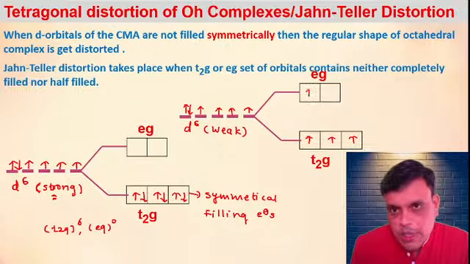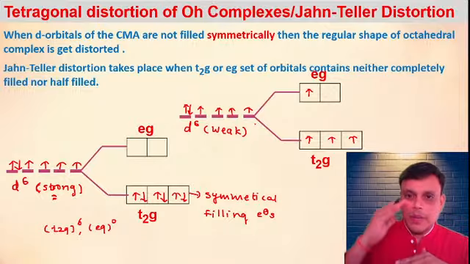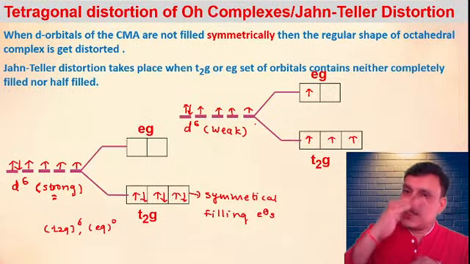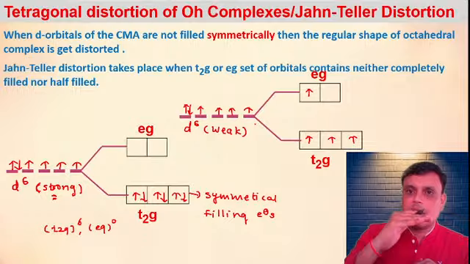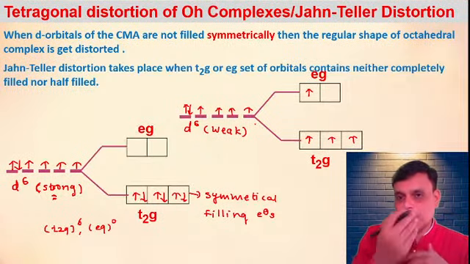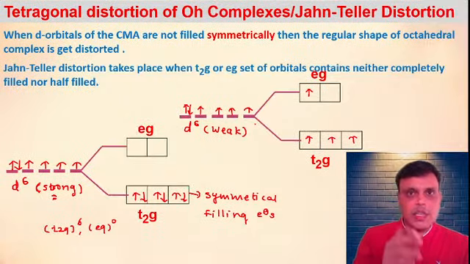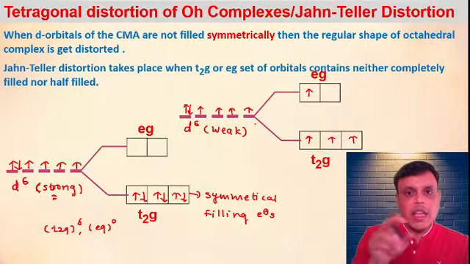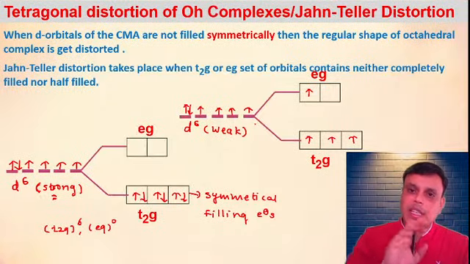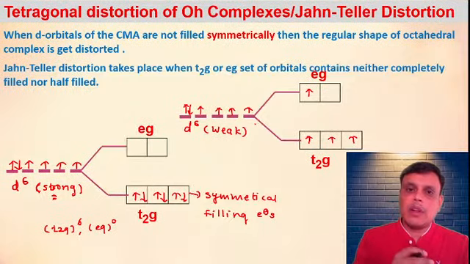The fourth electron will go into the eg orbital because the complex is weak field. Weak field complex means the gap between t2g and eg levels is less and pairing energy is more. Pairing energy means the energy required to pair the electrons. So in a weak field complex, pairing energy is higher than 10 Dq, so the electron will prefer to go into the eg orbital.